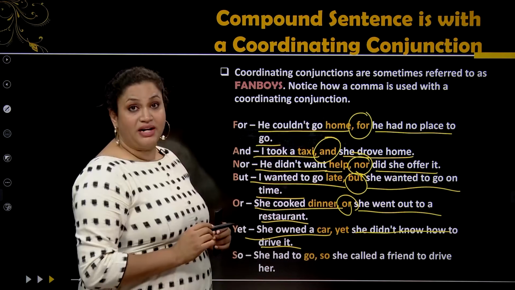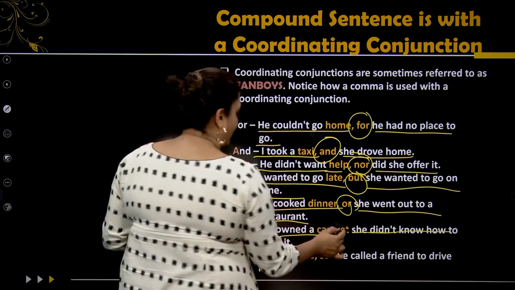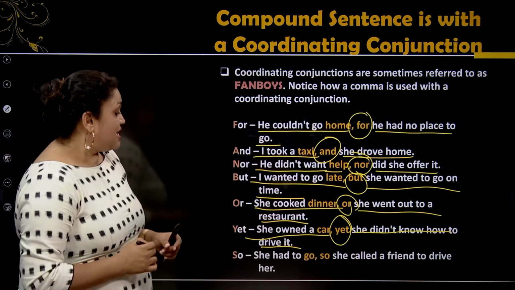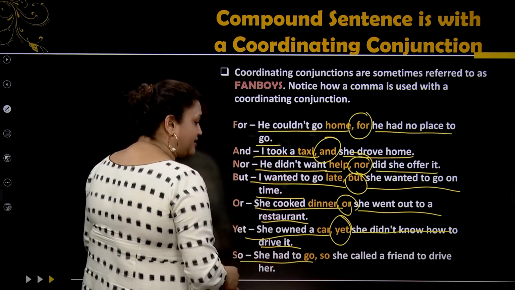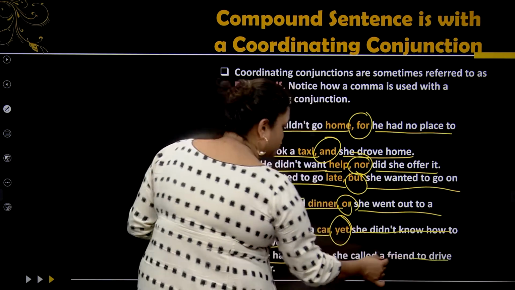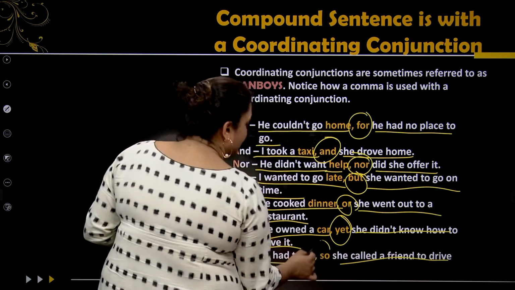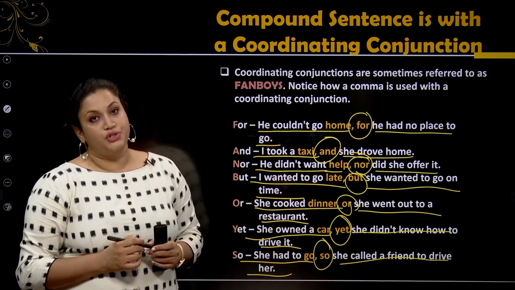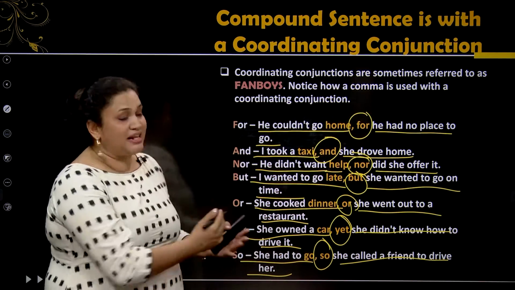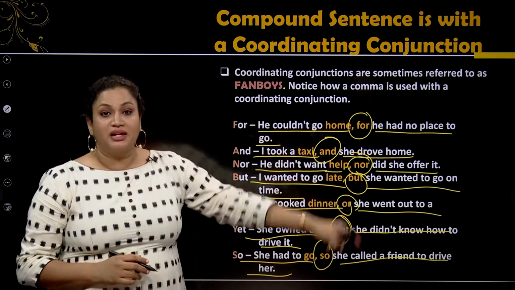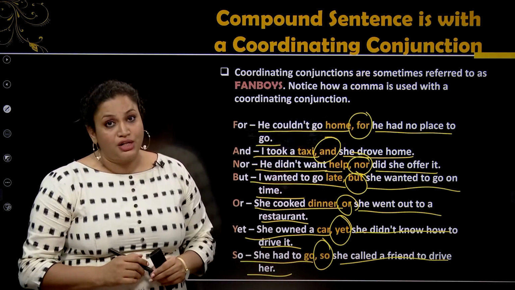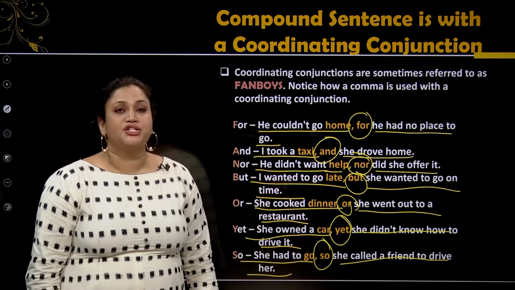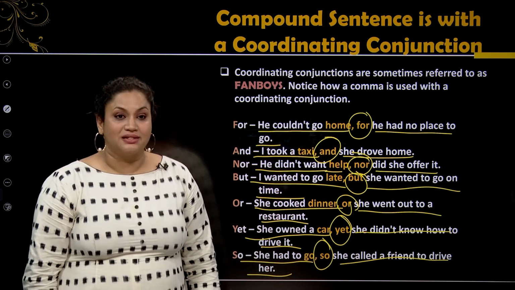That is one more independent sentence, and both of them are joined with yet. She had to go is an independent sentence. She called a friend to drive her. That's an independent sentence, and so is used to join the sentences. So in all these places you will see there are two independent sentences and the coordinating conjunction is basically joining them. So that's about coordinating conjunctions and compound sentences.